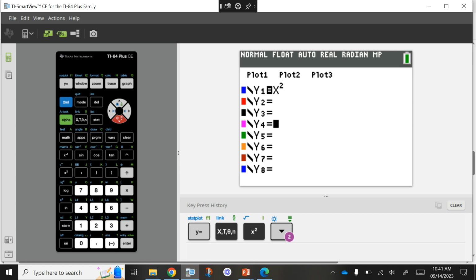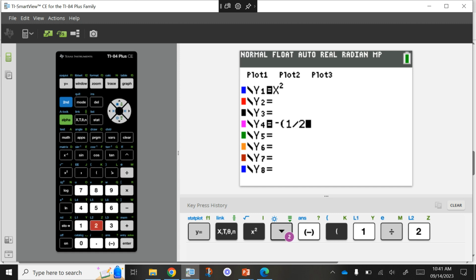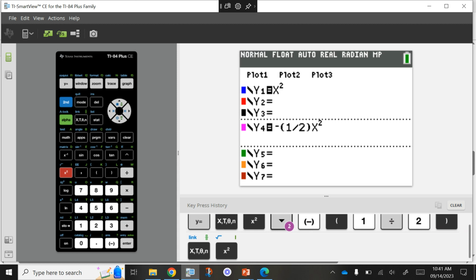Now I'm going to do negative 1/2 x squared. So here's my negative. Whenever I do fractions, I always put them in parentheses just to play it safe. So I'm going to do parentheses 1 divided by 2 parentheses, x squared. It's on 2 different lines.